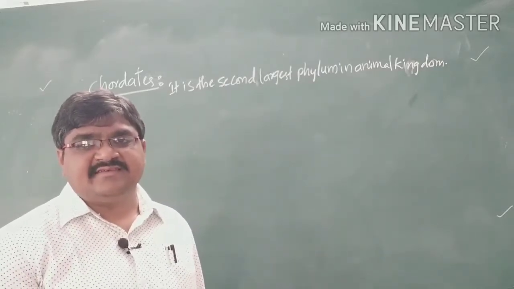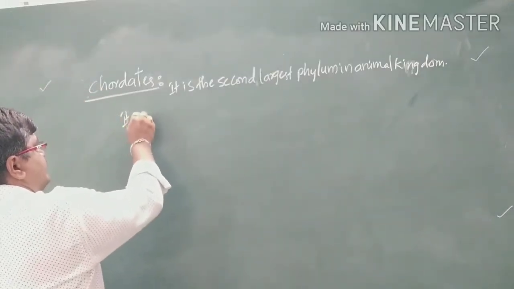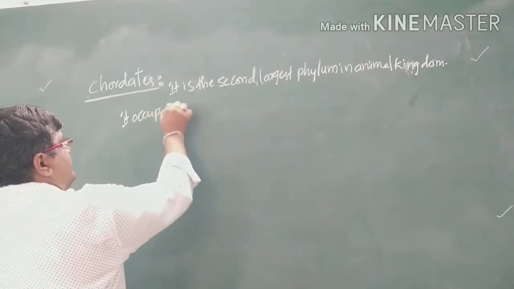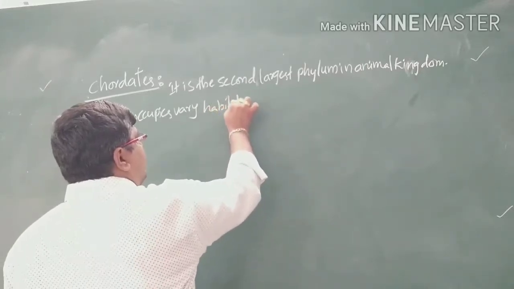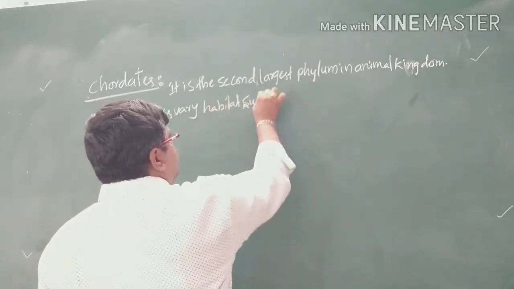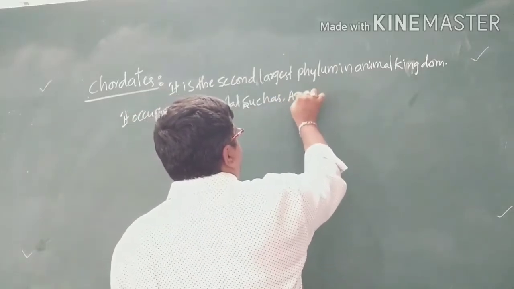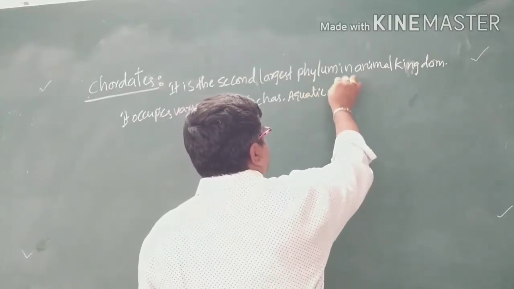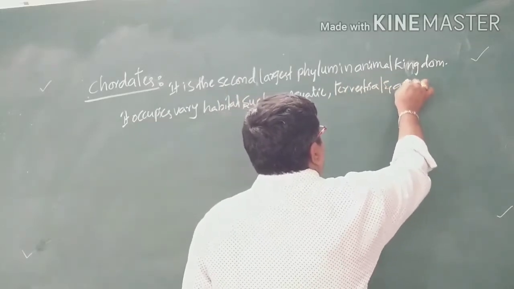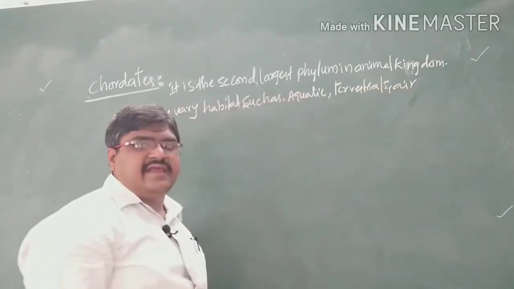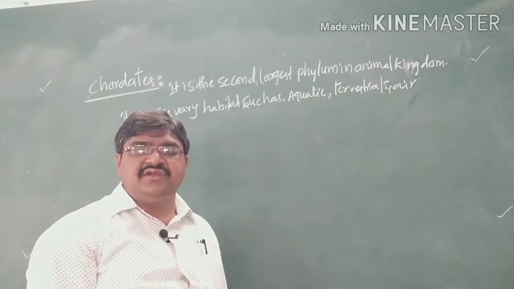So it occupies various habitats, such as marine, freshwater, aquatic, terrestrial, and also the air. Aquatic means both marine as well as freshwater forms, and also terrestrial land forms, and they are also present in the air.